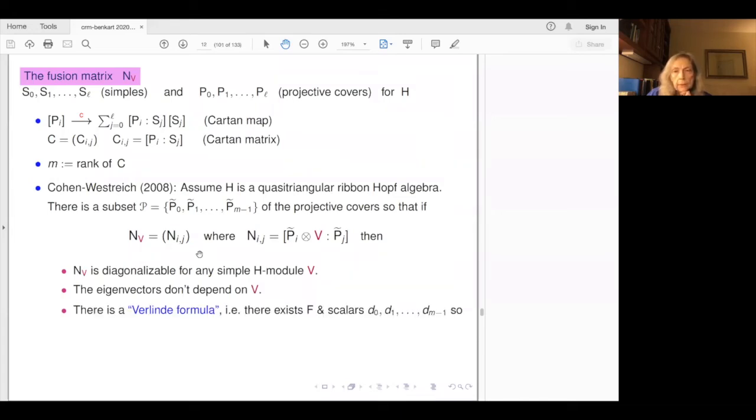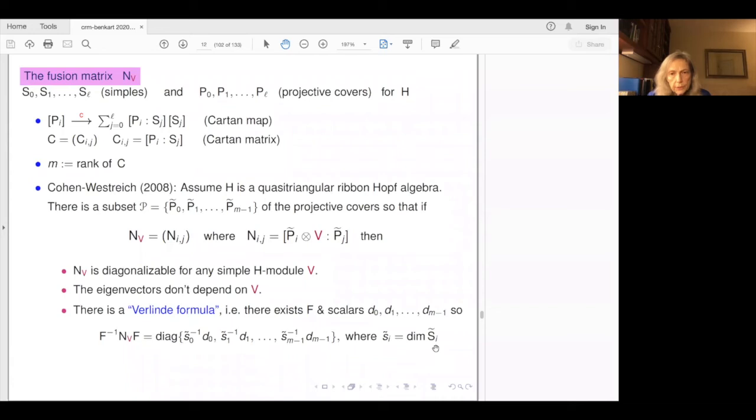And there's what you call a Verlinde formula. So there exists a matrix F and scalars such that the conjugation of N_V by F gives you a diagonal matrix. The diagonal entries are these scalars times the inverses of these dimensions.